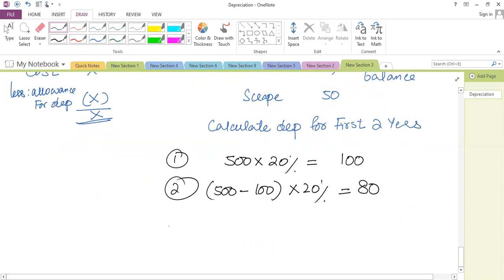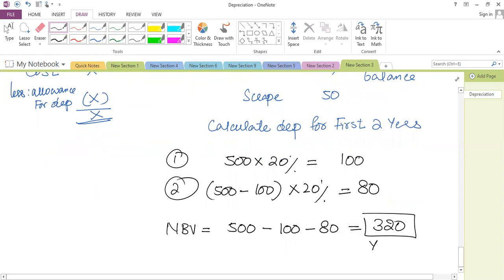So the net book value after second year is 500 minus first year depreciation minus second year depreciation. So my net book value is 320 at the end of year 2.